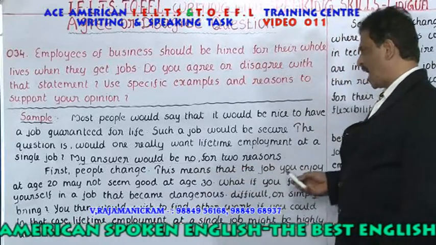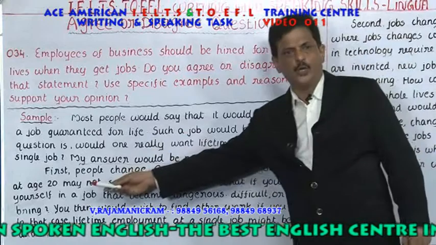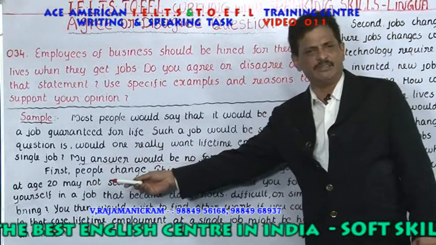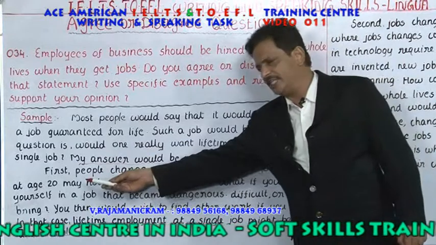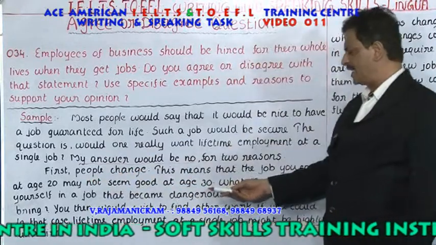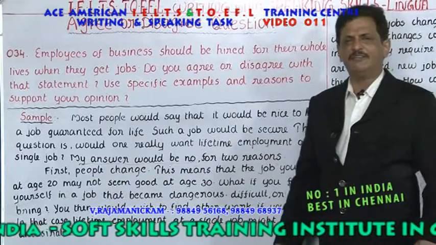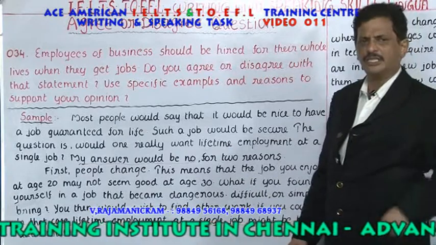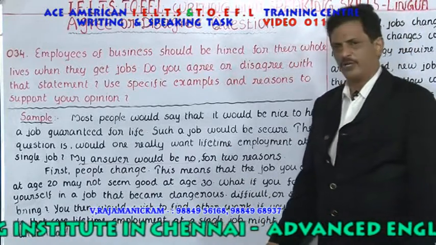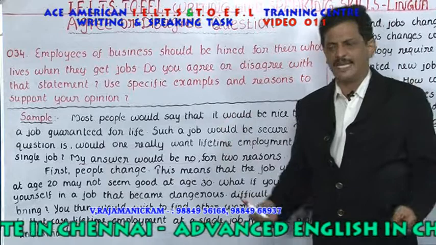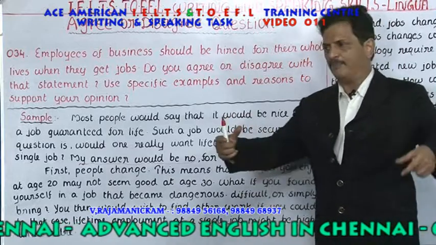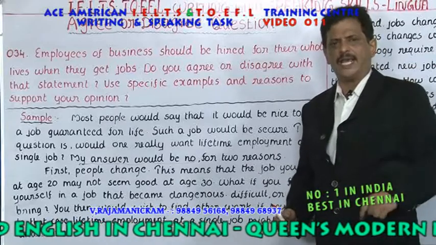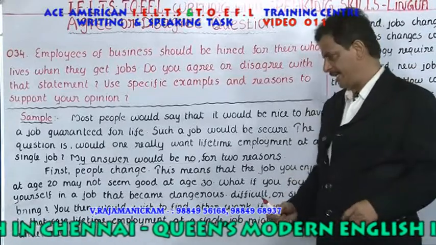This means that the job you enjoy in your 20s may not seem good at the age of 30. You find that the work you did in your 20s is not suitable for you, because your mentality may be different. Your physical ability to do certain work at the age of 20s cannot be applied at the age of 30.